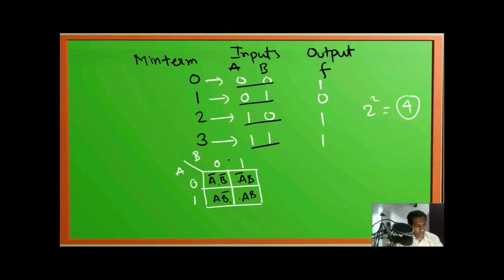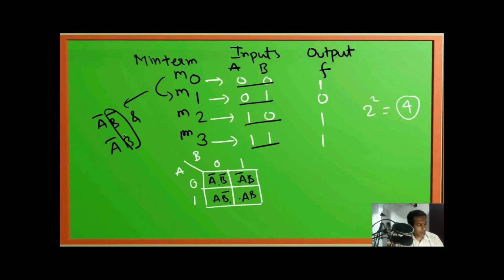For example, in a two variable K-map, M0 and M1, that is A bar B bar and A bar B, differ only in variable B. A is common, only B is changing.